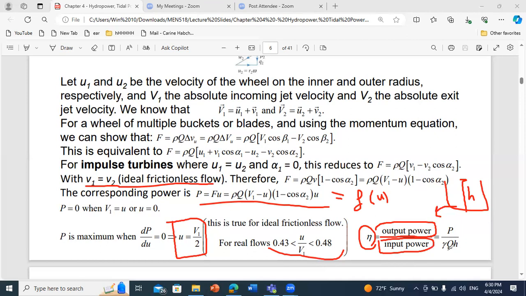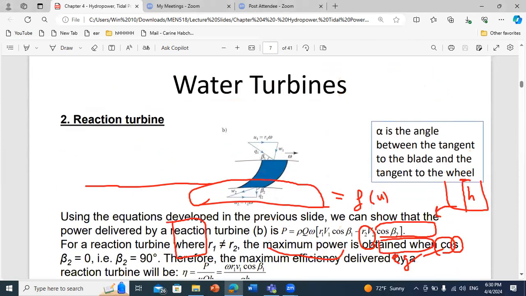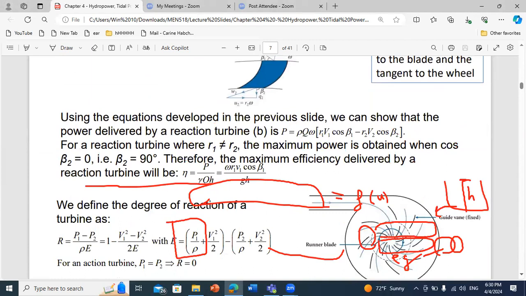The input power is just the head that you have times gamma Q. Q is the flow rate, and gamma is rho times g. So this is the energy available from your dam. And the output power is the one that is delivered by your turbine. So this is how you can assess the efficiency of your turbine.